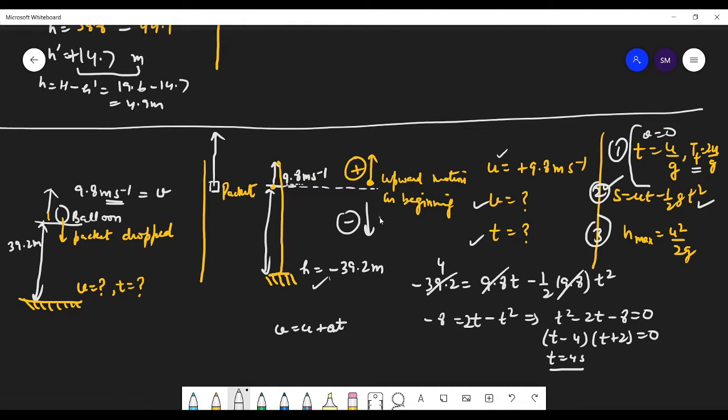Now you know that g here is downward, and you have already taken the effect of g being negative in this formula, right? So this will be the fourth formula that you will need in this case. You can write it as v is equal to u minus gt if you are taking g as 9.8. Okay, students? Got it? Yes.